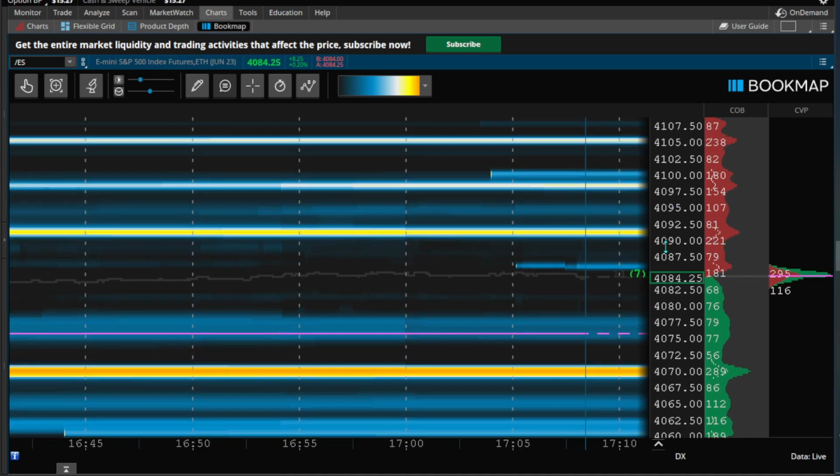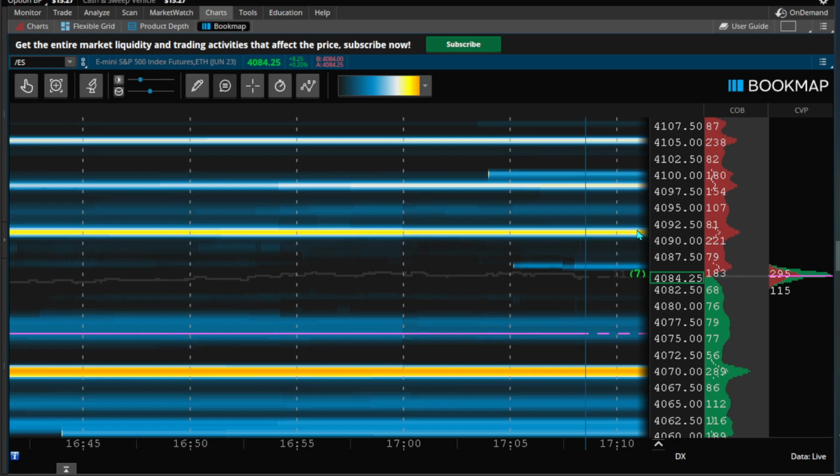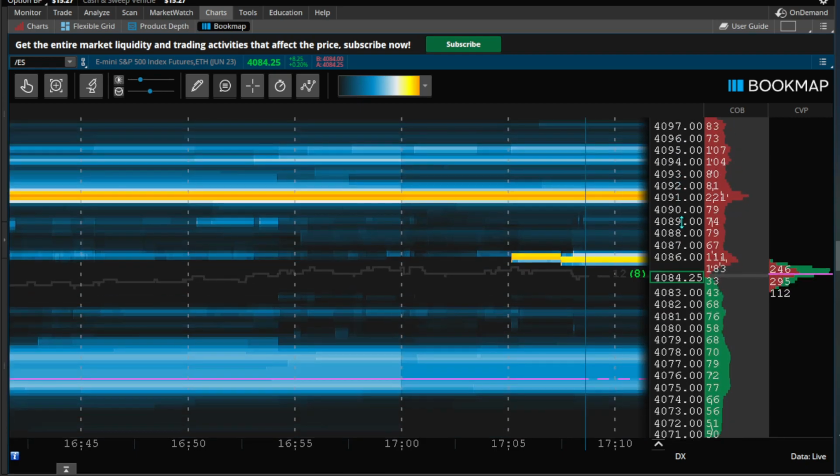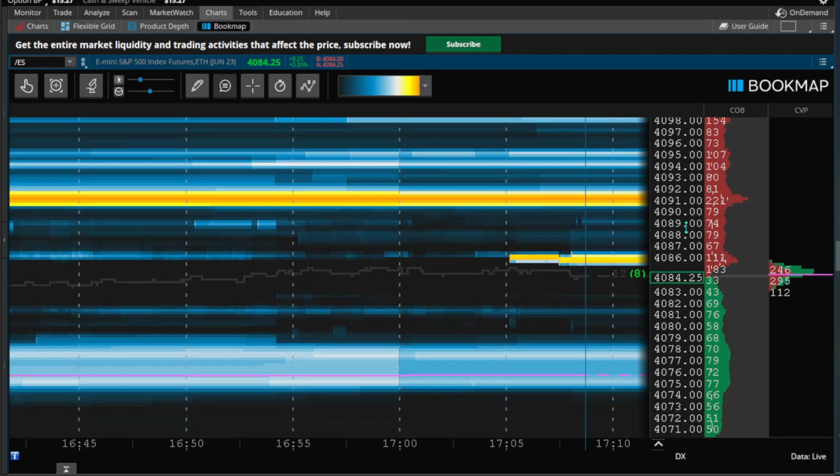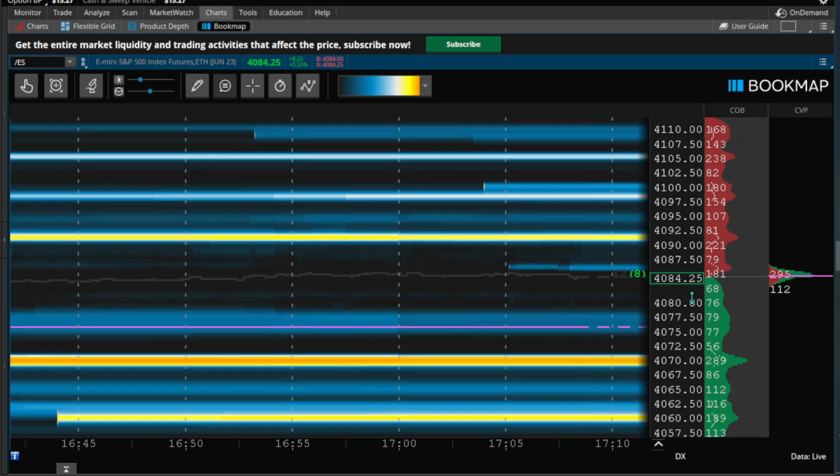Like I said, we see demand right here at 4070, and we see selling demand right around this 4091.25 level. This gives you an idea of how Bookmap works.